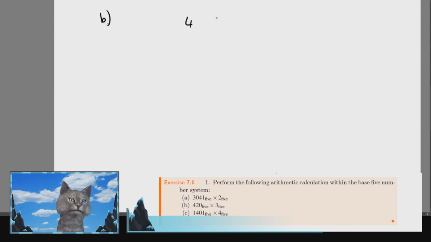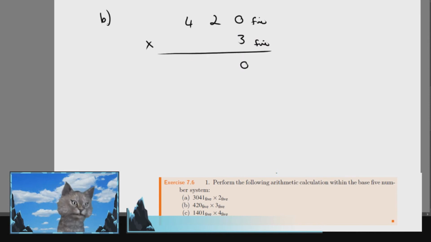Let's try 4, 2, 0, base 5, times 3. Alright, 3 times 0, 0. You can write the 5 there always if you want to, because that is the number system we're working in. 3 times 2, well, I have to pad it with a 0 so that I'm lining it up in line with the 2. 3 times 2 is 6. 6 does not have a digit in base 5.